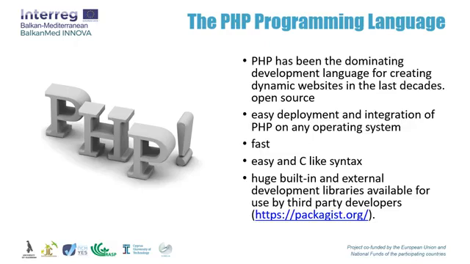Another reason would be the easy deployment and integration of PHP on any operating system and the fact that PHP will run relatively fast on all operating systems. Furthermore, the easy and C-like syntax would attract many developers working with web development and also the huge built-in and external development libraries available for use by third-party developers. Take some time and check the packages.org website.